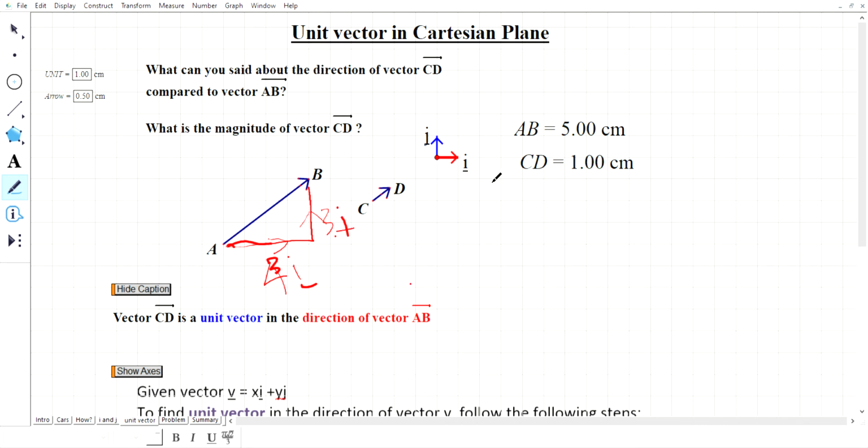To determine the unit vector in the direction of vector AB, first you determine the magnitude of vector AB. Let's say vector AB is represented by v. The magnitude of vector AB is equal to the square root of 3 squared plus 4 squared, which is equal to 5.